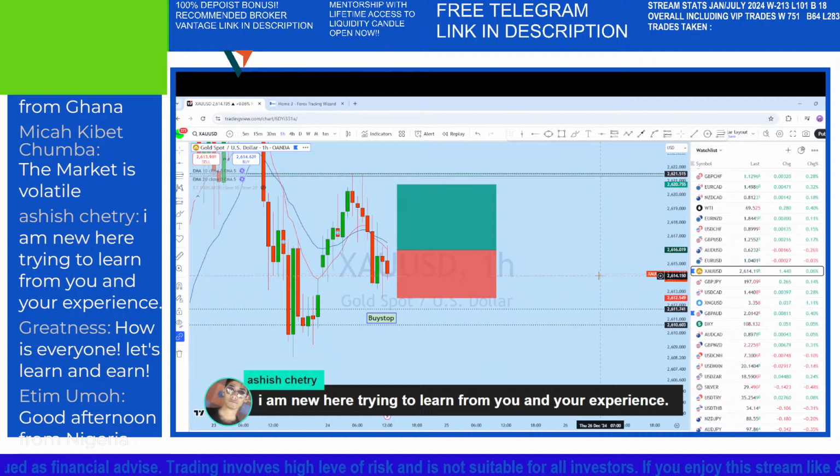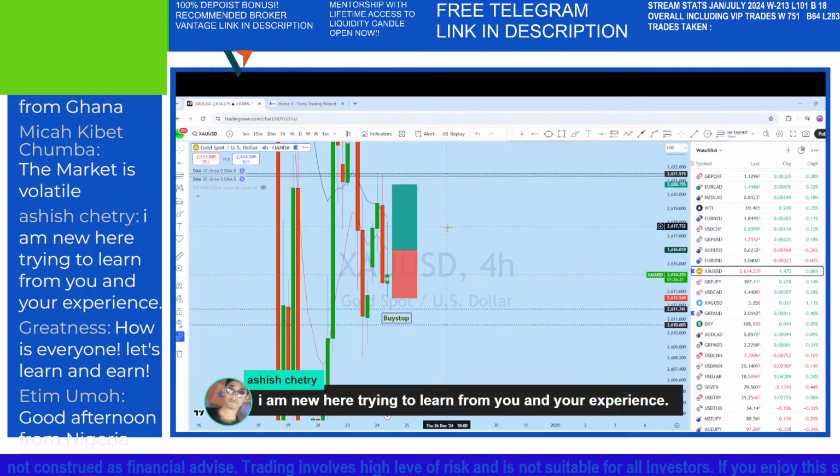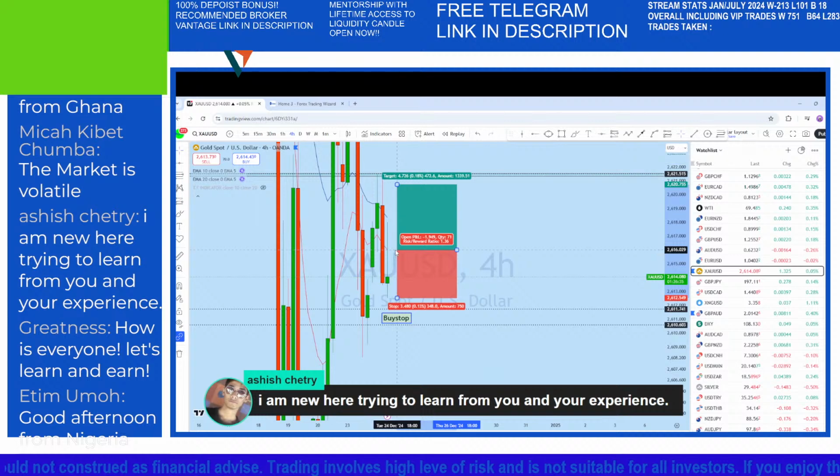This is the 1 hour candle. Currently the price is on the daily support, 4 hour.